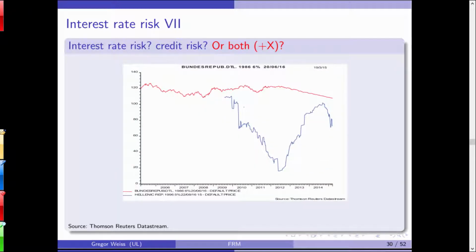Here, again, a different example. You can see the comparison between the Greek government bond, this is the blue line, and a German government bond. This is a German government bond issued in '86 with a 6% coupon and a maturity of 30 years, so a very long-term bond.